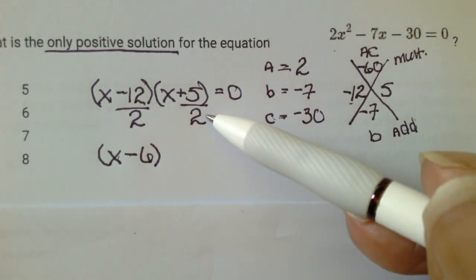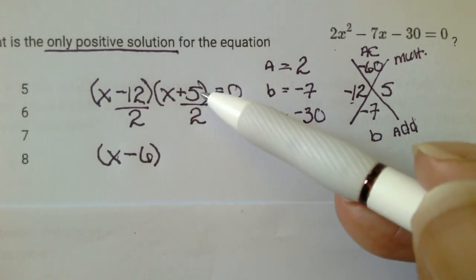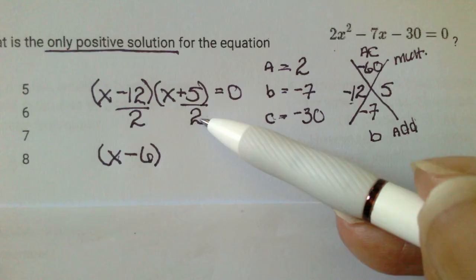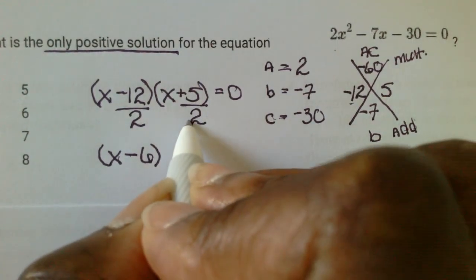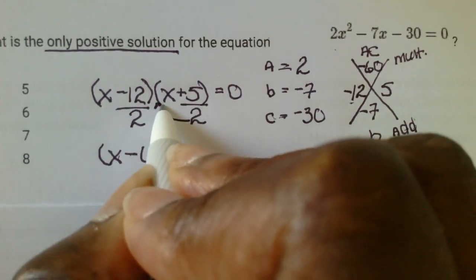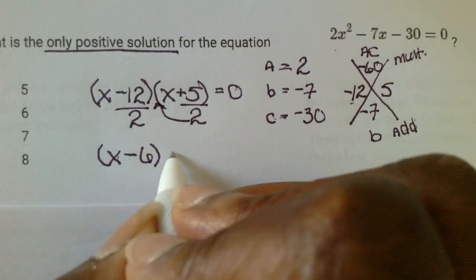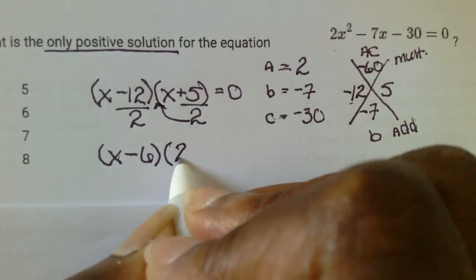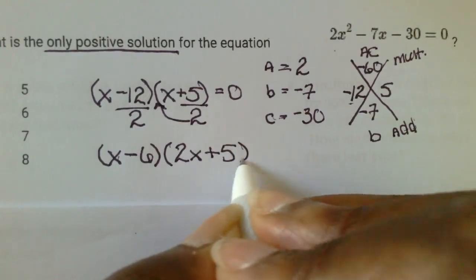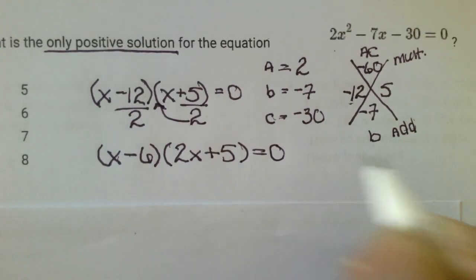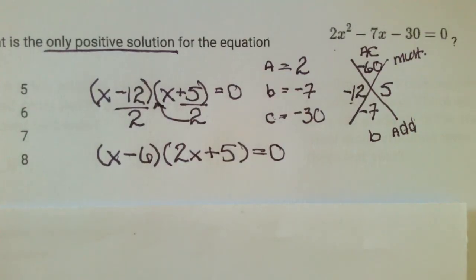Over here, 5 divided by 2 is going to give me a decimal. If it gives me a decimal, then I slide it in front of the x. So that will give me 2x plus 5. Okay, so now it's completely factored.